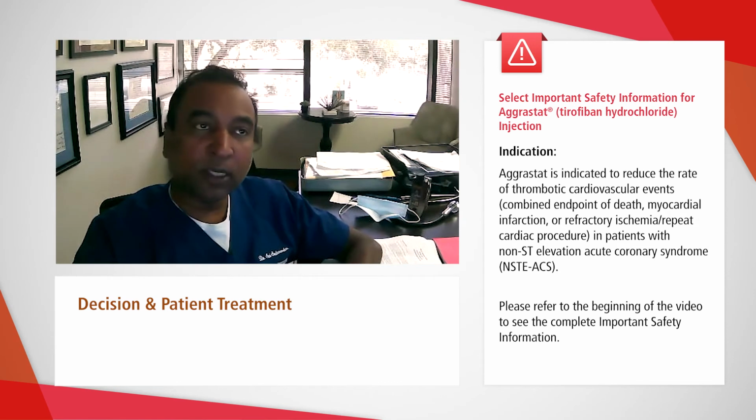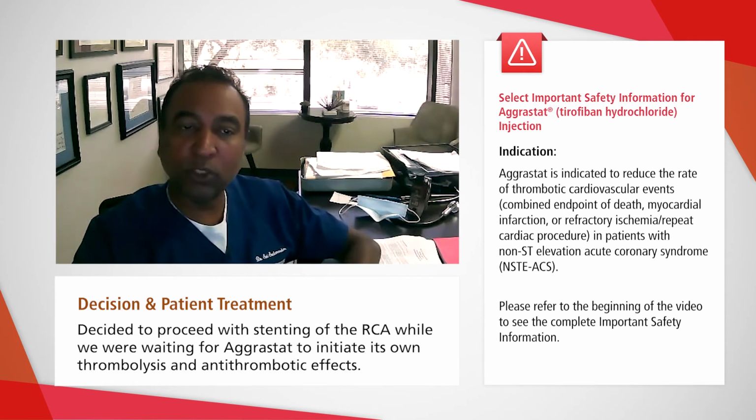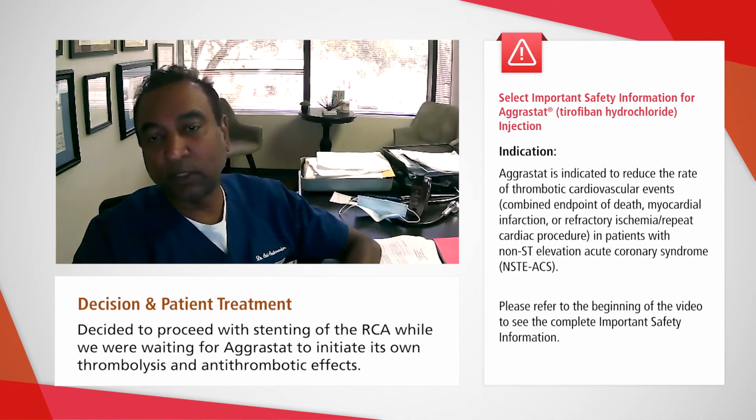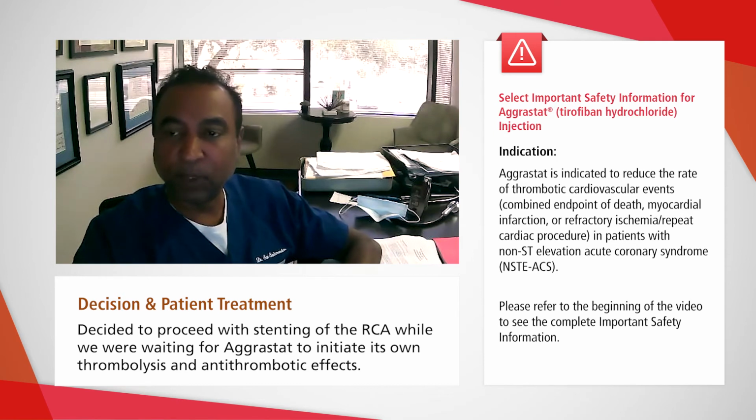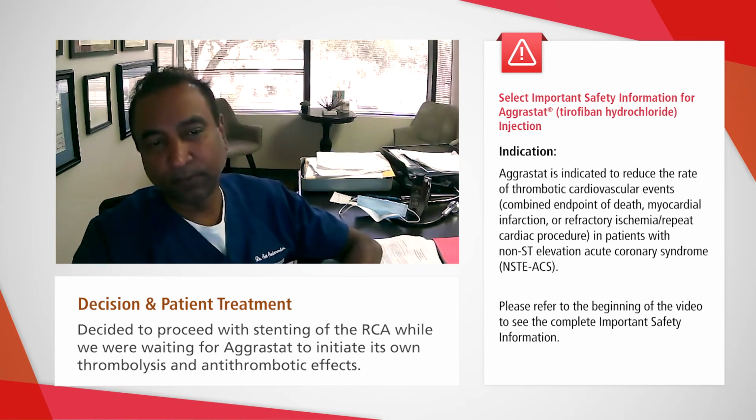Since these were areas which had no disease, no significant stenosis before, we decided to proceed with stenting of the RCA now that we had established TIMI 3 flow in the RPDA, while we were waiting for Aggrastat to initiate its own thrombolysis and antithrombotic effects.